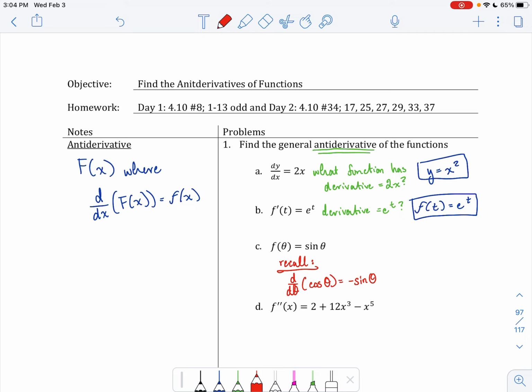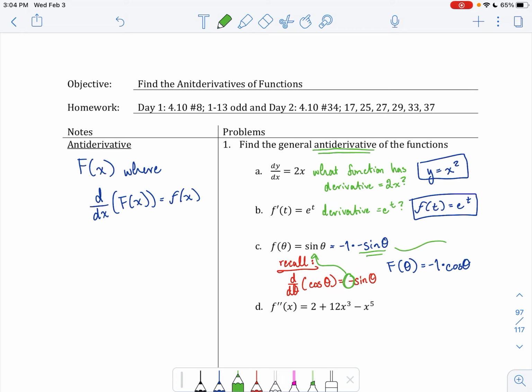So it's like, okay, well, this is almost what I see here, but there's this negative that isn't in the original function. And so what you want to think about this as is a coefficient rule, because you can say, well, this is negative 1 times negative sine theta. So then the antiderivative, f of theta, is equal to negative 1 times cosine.